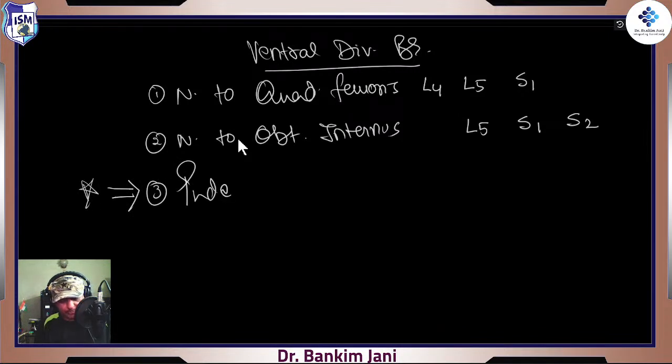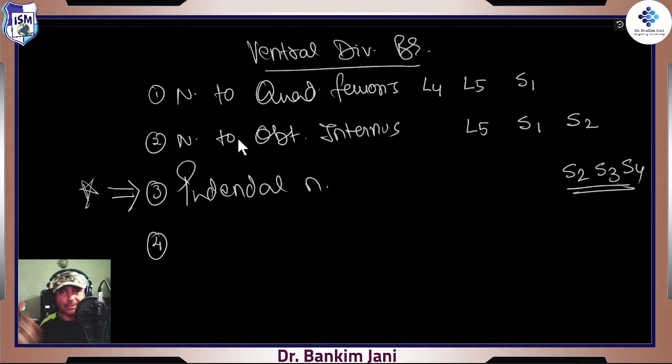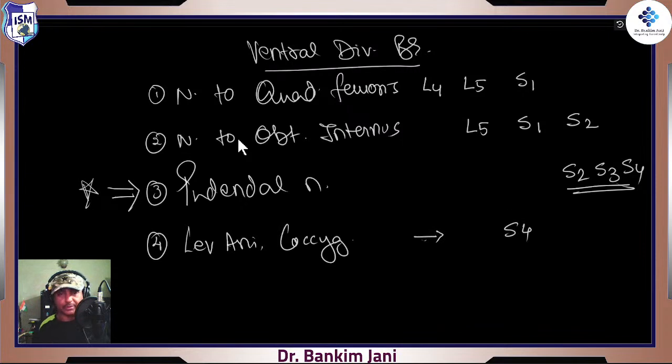Pudendal now, right? We saw that. And pudendal now you know it so well. S2, S3, S4, right? And those few fibers which were coming out, levator ani into coccygeus, they were for S4, right?